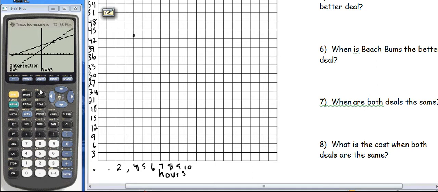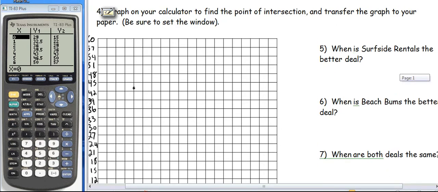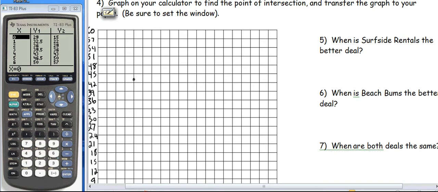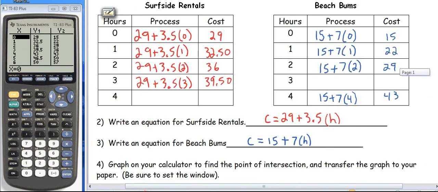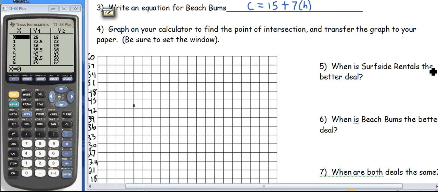All right. Now let's look at our table. So I'm going to hit the second graph, and we can look and see that our first one, the Surfside, remember, is the $29 deposit, is a better deal after 4 hours.